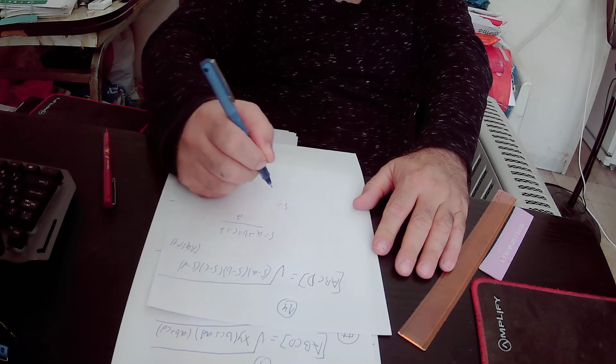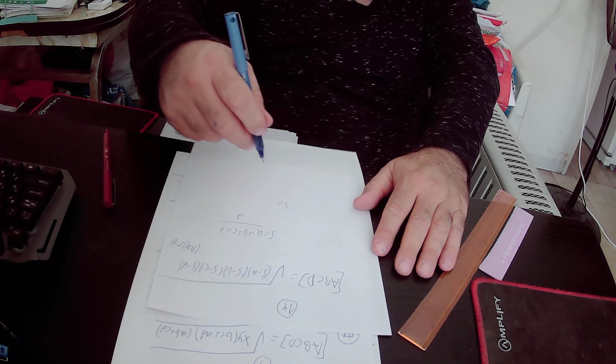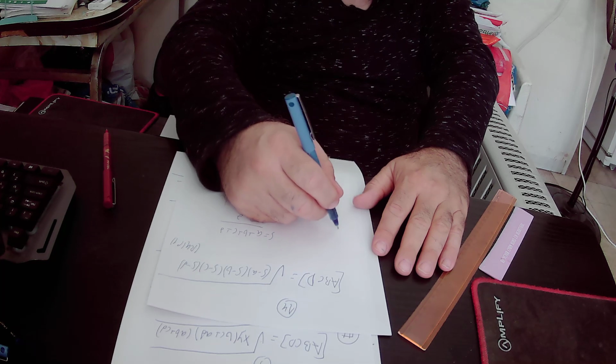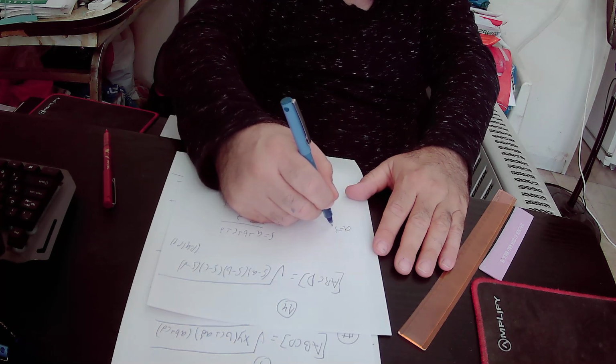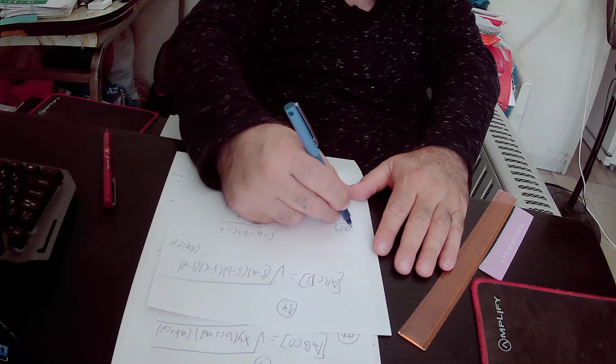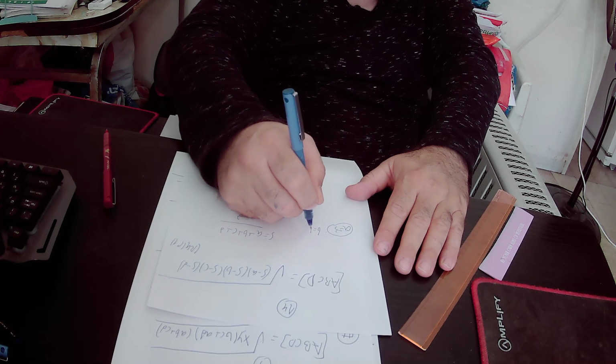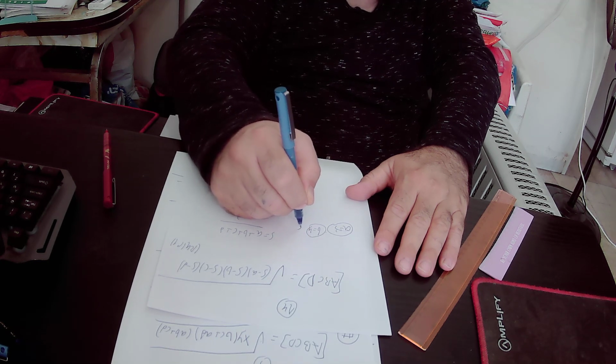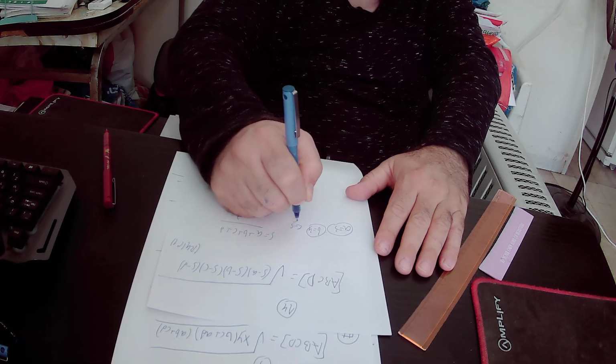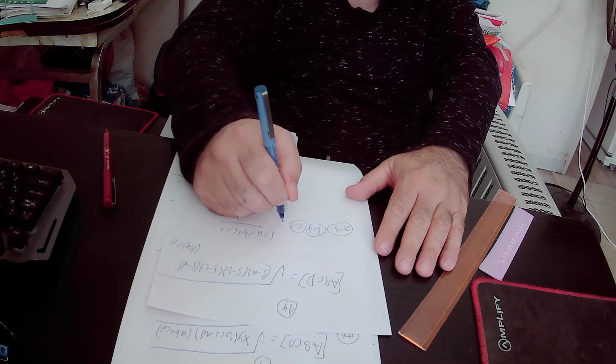So S equals, A equals 3 units, B equals 4 units, C equals 5 units, and D equals 6 units.